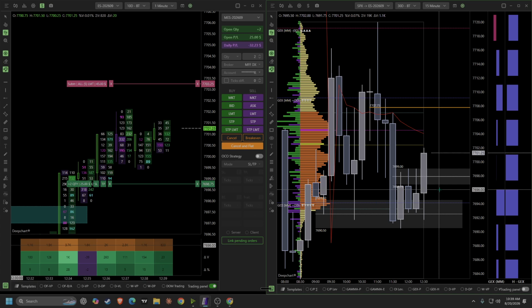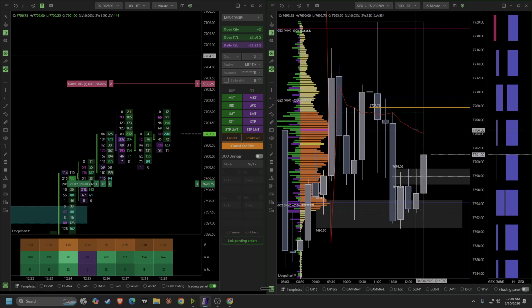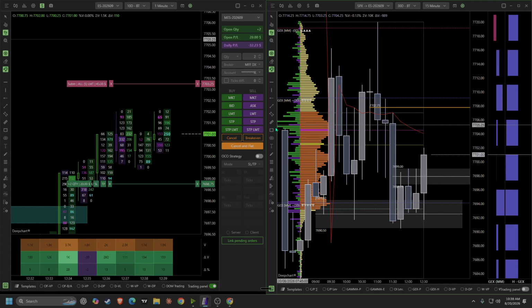So buyers are in control here, pushing the price back up. It's a slow crawl to the upside. We're almost back to the VWAP and the zero GEX line, very close, and the point of control.